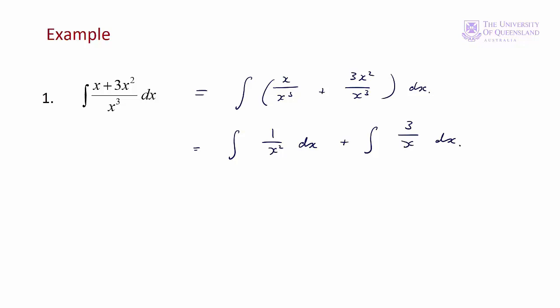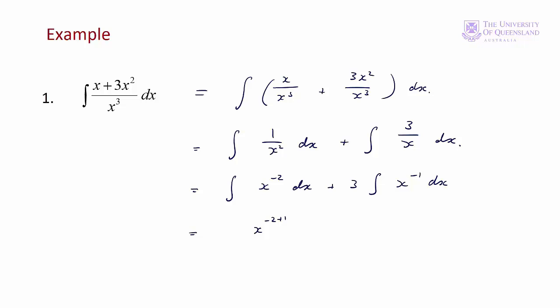Let's simplify that further. So it's the integral of x to the minus 2 dx plus 3 times the integral, taking the constant outside, of x to the minus 1 dx. And now we're ready to apply what we might call the inverse power rule. We'll add 1 to the exponent, so it'll be minus 2 plus 1.